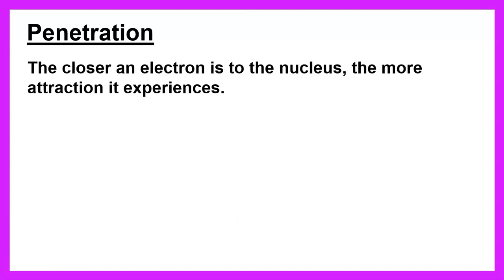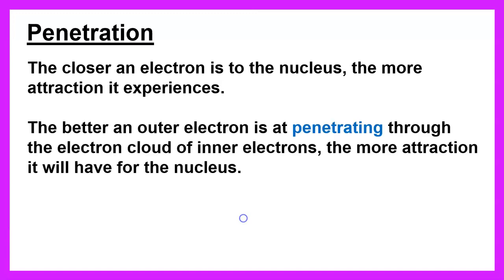So if we think about the attraction between our nucleus and our electrons, the closer that electron is to your nucleus, the more attraction it's going to experience. Therefore, if your valence electron is good at penetrating, then it will have more attraction than you might expect for that nucleus.